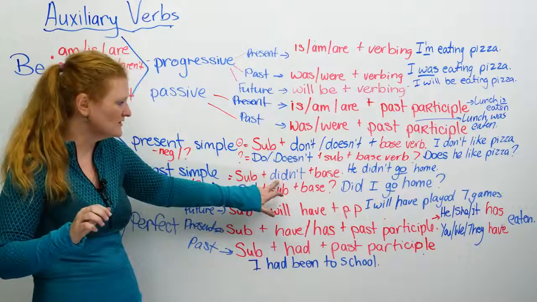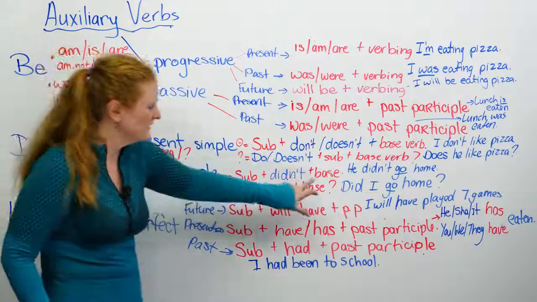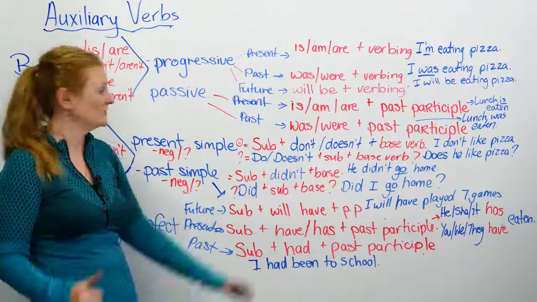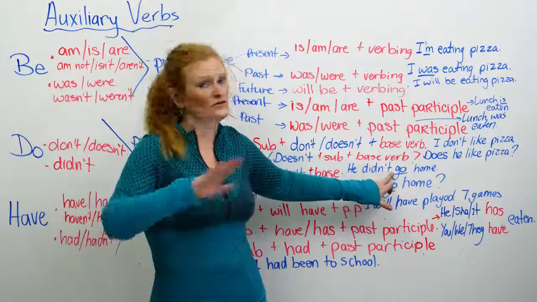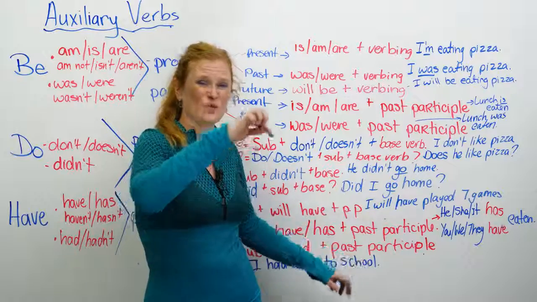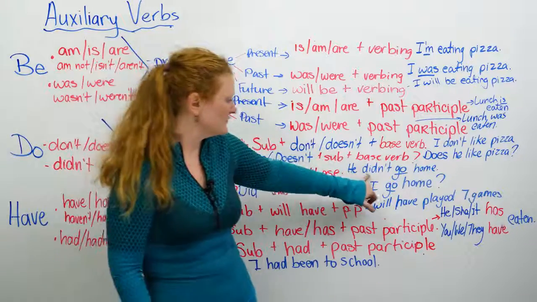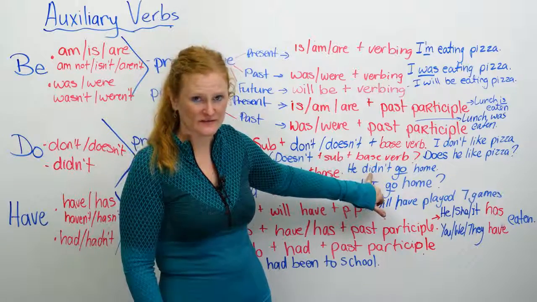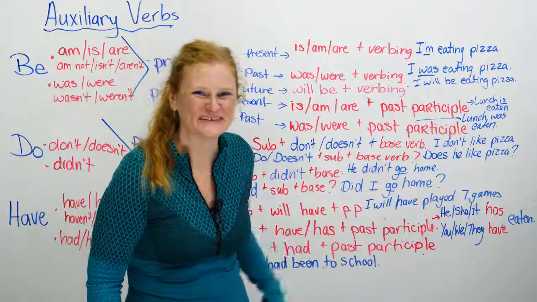So if it's an auxiliary verb, it's going to tell us if it's past or present, and we have to use the base verb. So we have to say, he didn't go home. You cannot say, he didn't went home. That's grammatically wrong. This verb tells us it's past, and this verb tells us it's present. Oh, that's kind of cool when you learn it.